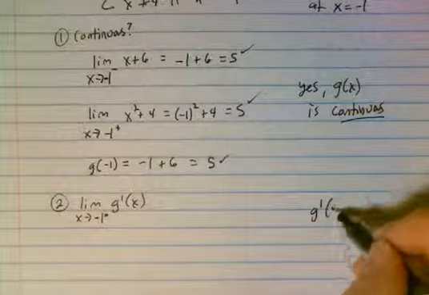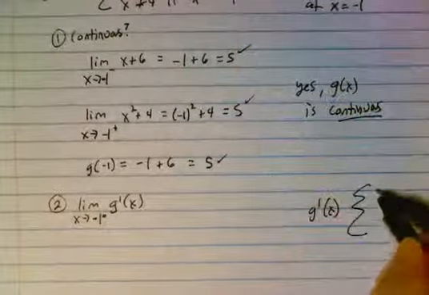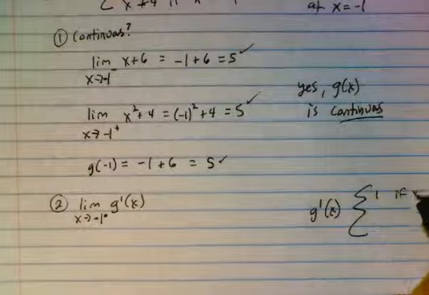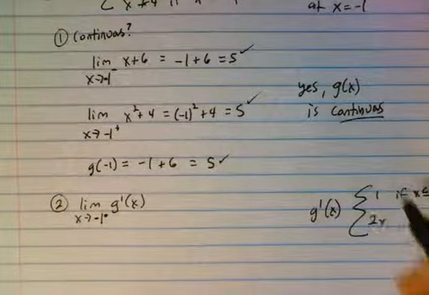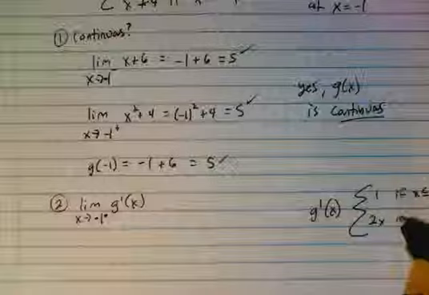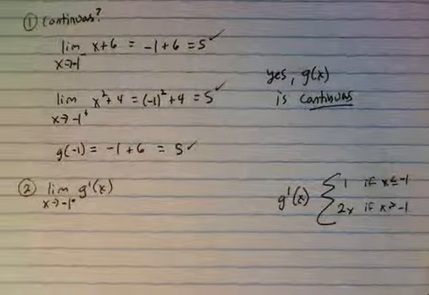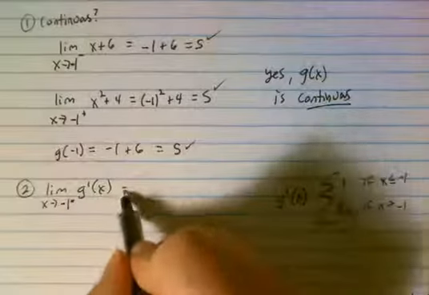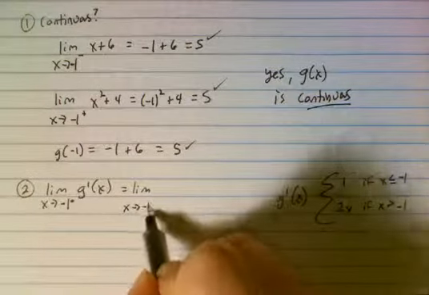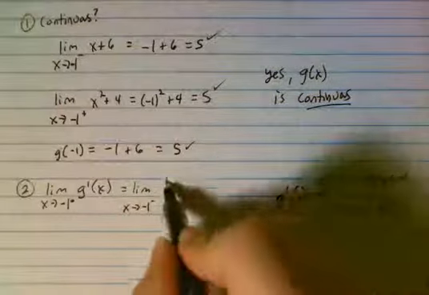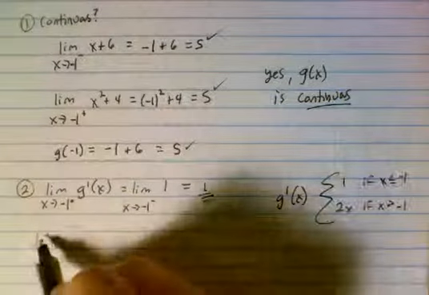So first of all, g prime of x, I'm just going to take the derivative of each of these. That's 1 if x is less than or equal to -1. It's 2x, bring down the exponent, if x is greater than -1. So this is going to be the limit as x approaches -1 from the left of 1. There's nowhere to put in x, so the answer is just 1.